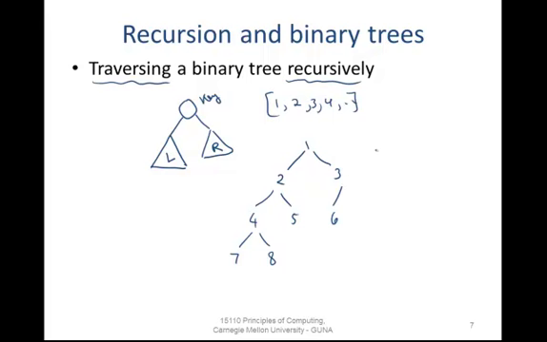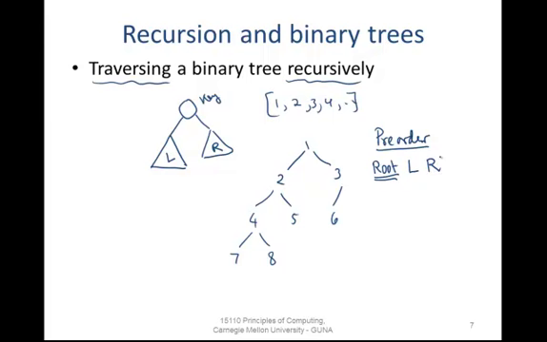So one order of traversal would be called preorder traversal. Let's call this preorder traversal. Preorder traversal is a recursive traversal algorithm, where what you do is process the root first, and then the left subtree, and then the right subtree.